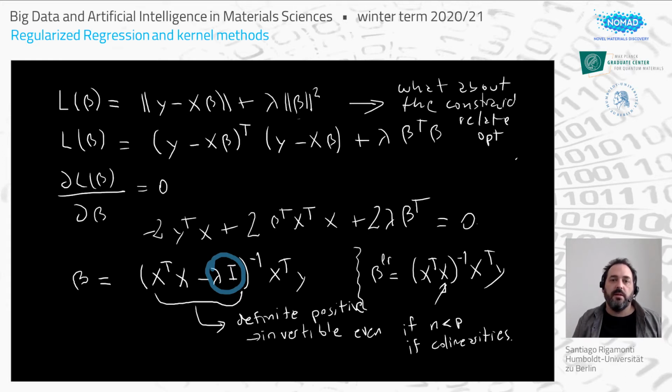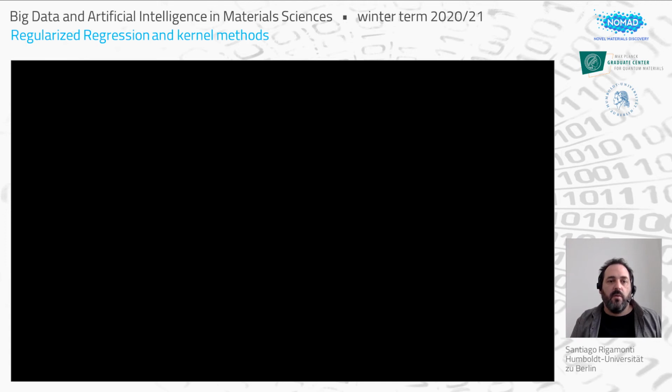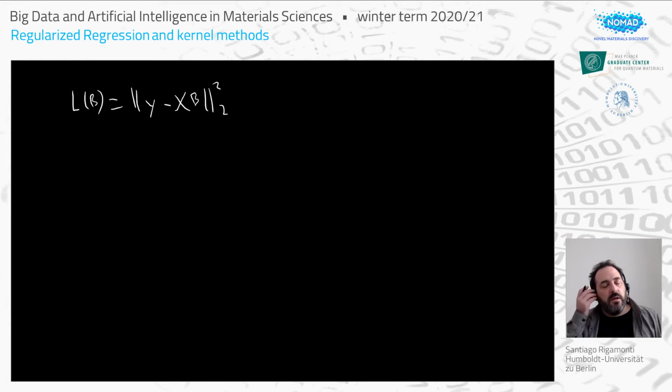We will see this in the next slide. We can obtain the ridge regression solution by considering this loss function, just the residual sum of squares, and then we put just a constraint on our parameters: beta squared less than or equal to some number t.